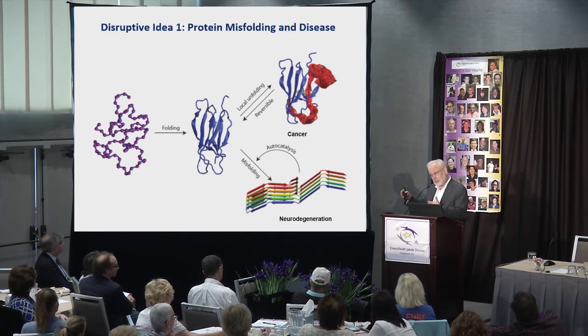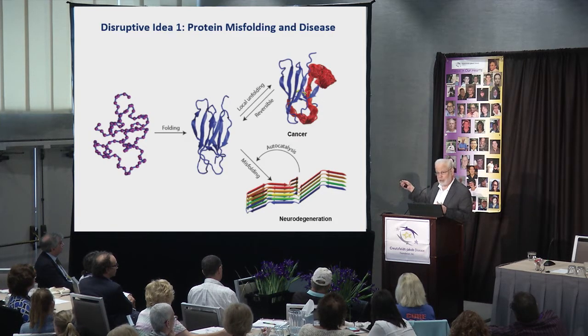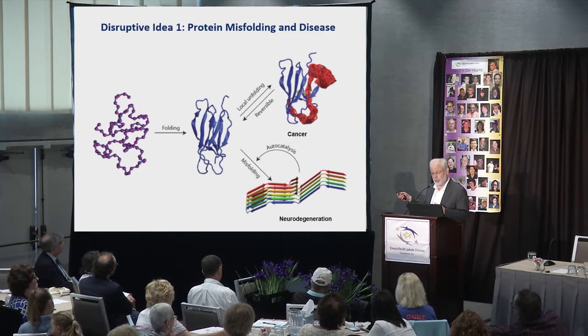The dominoes keep falling. So proteins get converted to an abnormal, usually beta sheet-rich form.